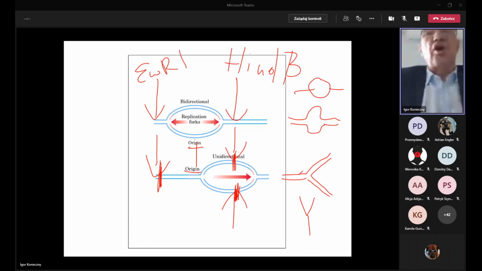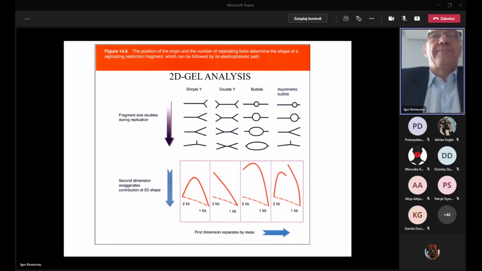This is the concept of 2D gel analysis, to identify after restriction analysis if we have bubble-like structures, extended bubbles, bigger bubbles, smaller bubbles, or DNA molecules in the shape of a letter Y. So you will have simple Ys.